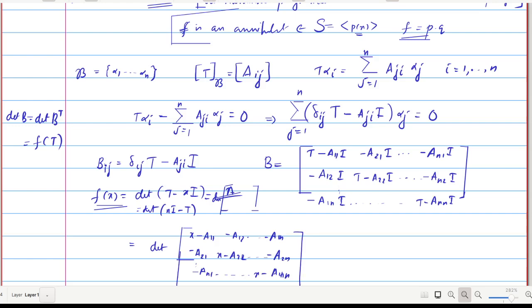The determinant of this is found first, and then we put t in place of x.